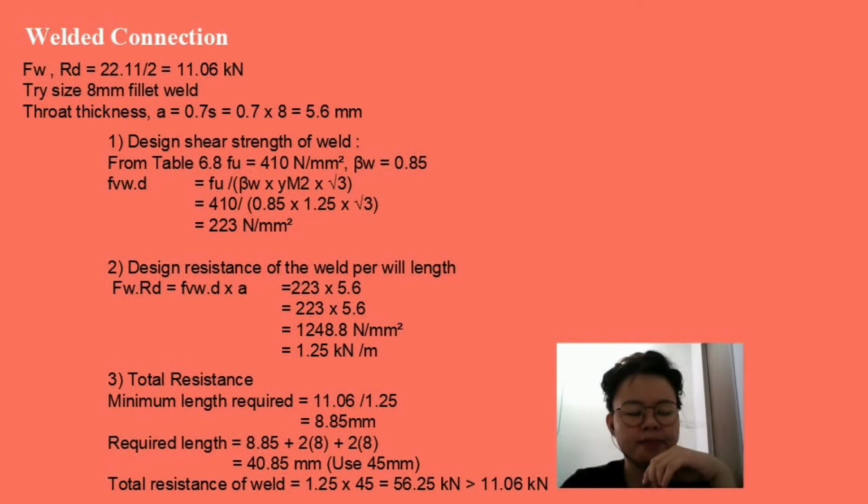With the truss, the weld is an 8 mm fillet weld, and the design shear strength of the weld is 223 N/mm squared. For the design resistance of the weld per length, the total is 1.25 kN per meter. For the total resistance of the weld, it is 1.25 times 45 counted from the required length, and the total is 56.25 kN, which is more than 11.606 kN.